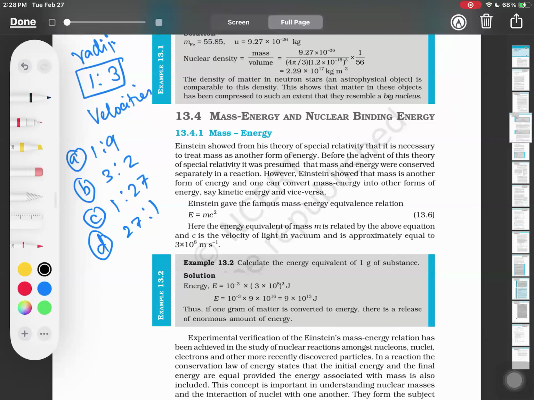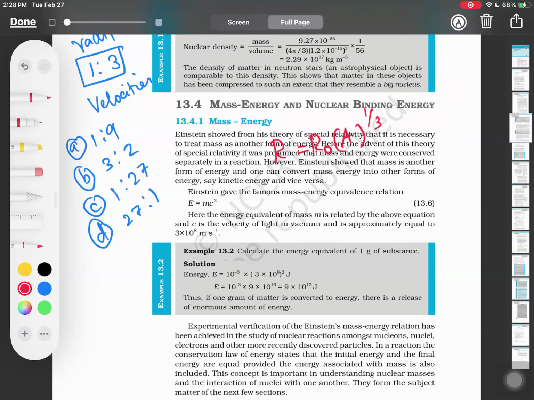So the only possibility for us is to use the formula R is equal to R naught into A to the power 1/3. For the first part, R1 is equal to R naught into A1 whole power 1/3. Then second part, R2 is equal to R naught into A2 whole power 1/3.